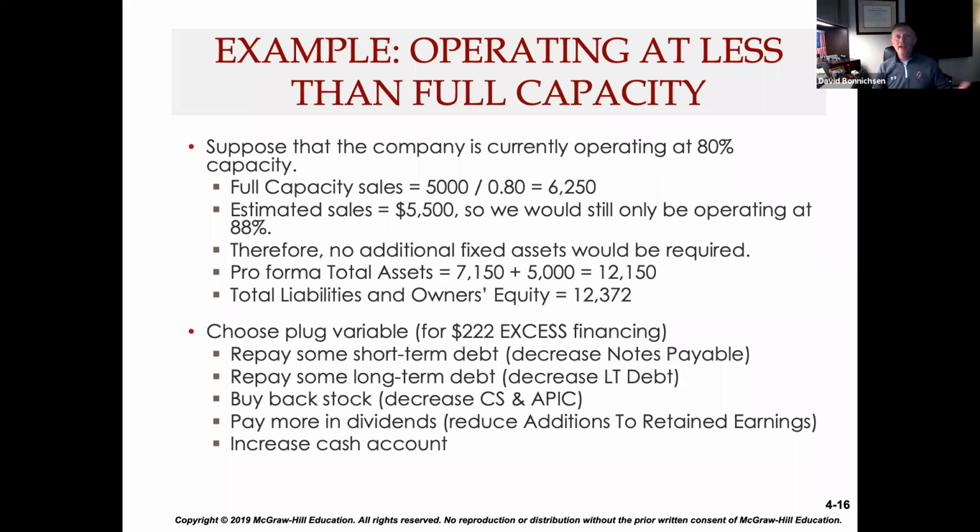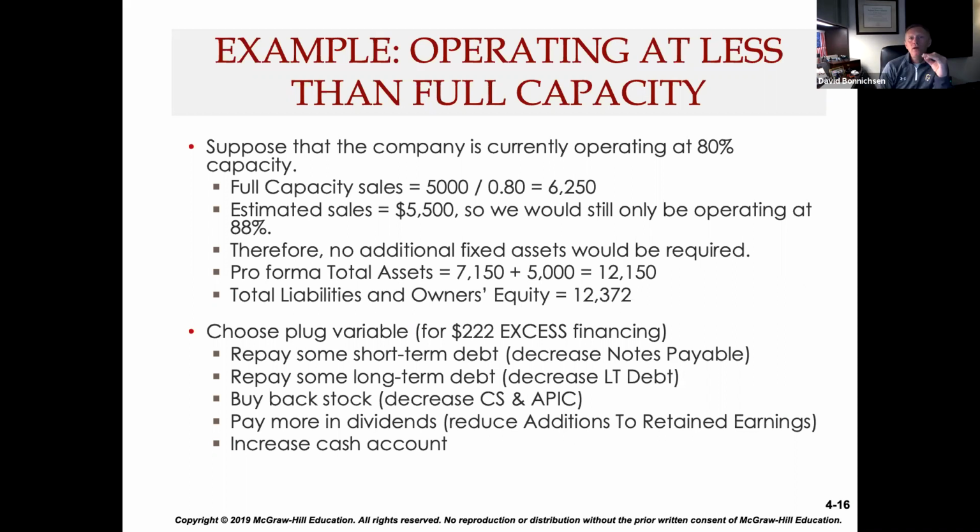Well, in 2018, we did $5,000 in sales, right? So at 80% capacity we delivered the 5,000. So at full capacity, 5,000 divided by 0.8 tells us what sales would be if we were operating at 100% capacity.